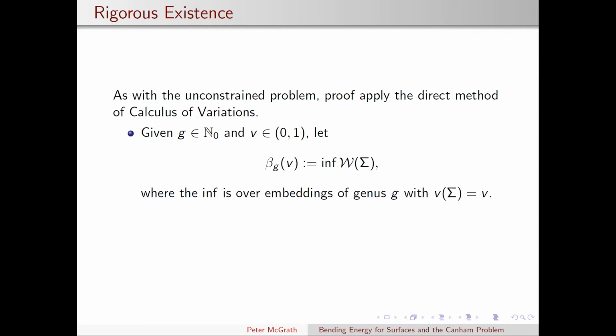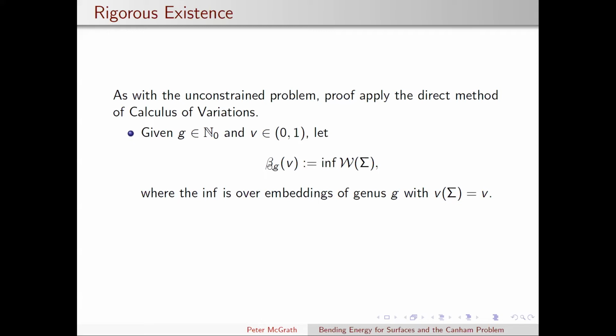So like before, with the unconstrained problem, we want to use the direct method of calculus of variations. So I want to take a minimizing sequence and try to extract a convergent subsequence. This time, my beta_G, which before was just the infimum of the Willmore energy for some genus G, now has to have an isoperimetric ratio.